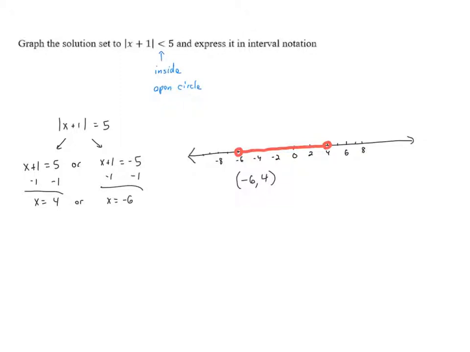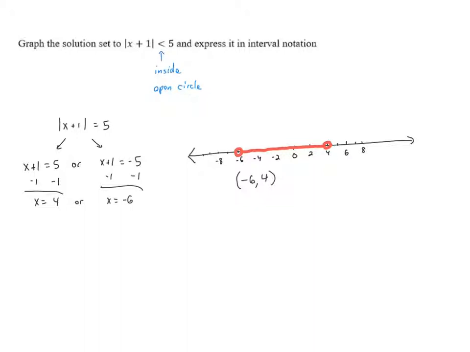You can pick any of the other numbers inside this interval and plug it in to check. In fact, if you want to pause the video right now, you can do that. You can pick any of these numbers, 1 or 2 or -4, and check to see if it works. And then also, you could plug in these endpoints, 4 and -6.